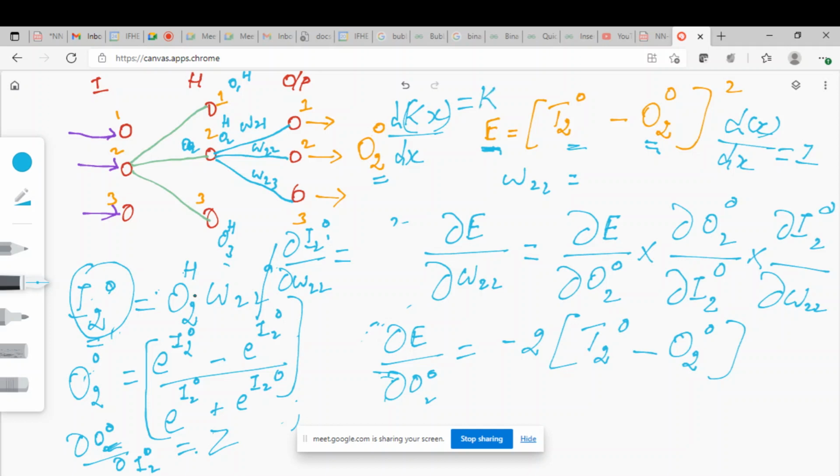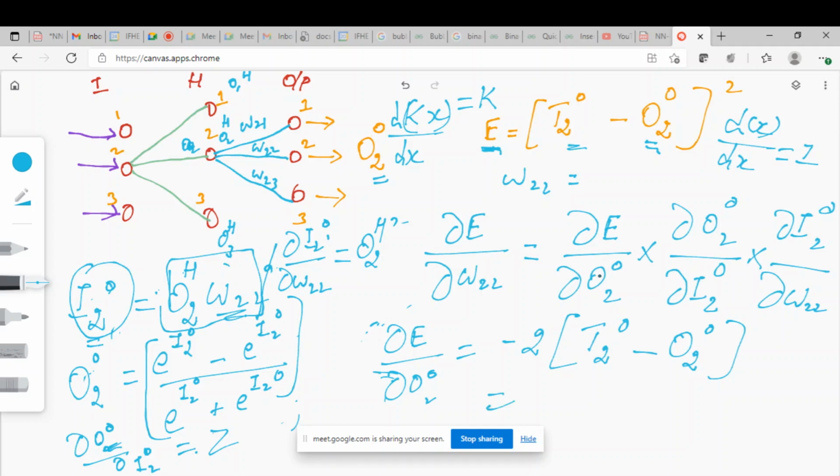So this is similar to differentiating I2O with respect to W22. Instead of x you have W22, and instead of K you have this, which you can treat as K. So the output will be O2H. These are the values we get, and now you can plug them into this equation. What is dou E by dou W22?